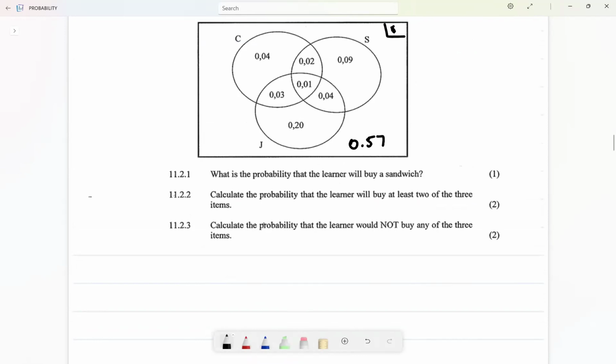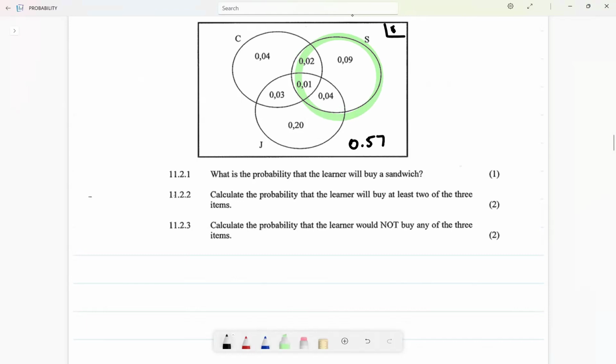What is the probability that the learner will buy a sandwich? Where is the sandwich, guys? If the probabilities are given in decimals, they are already probabilities.